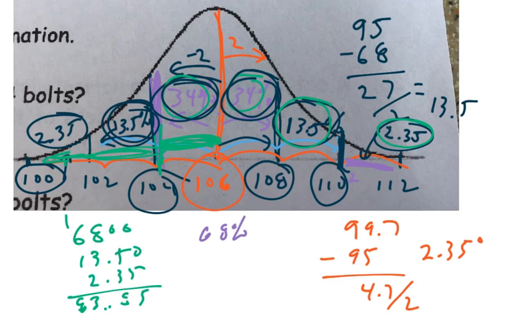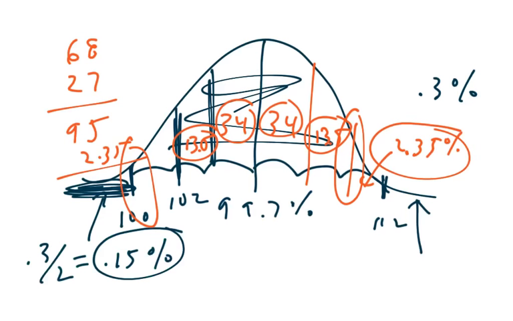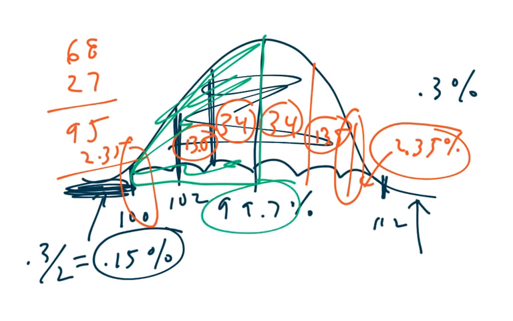So basically, all I have to do is add 34, or if I'm clever, check this out, guys. All I'm really doing is adding this part right here, which is half of the 99.7, right? So really all I have to do is take 99.7 divided by 2. Again, you're allowed to use a calculator. I'm just going to do it old school here.